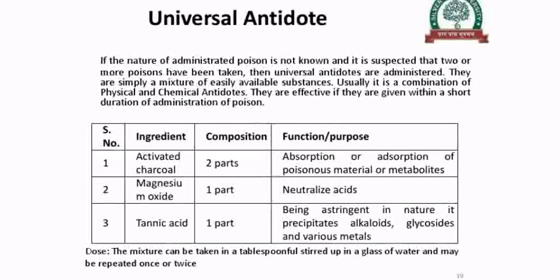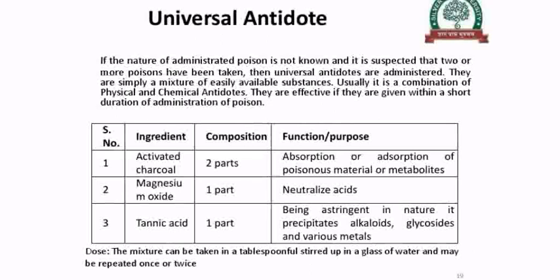But here, in most cases we do not know the nature of poisoning, because the person consumes the poison and is then in a state of shock or uncooperative behavior. So he is not able to tell what he has consumed, and may be in an unconscious state. That is why the nature of the poison is not known.